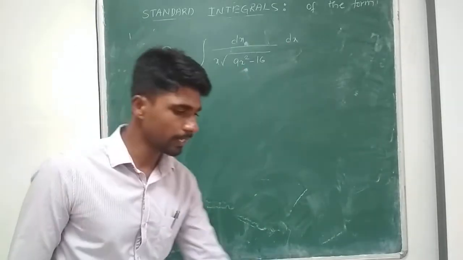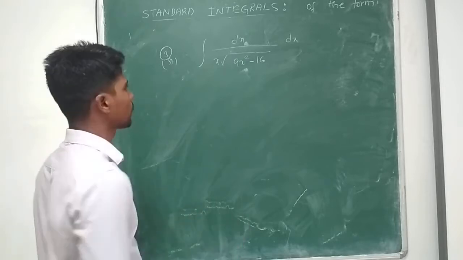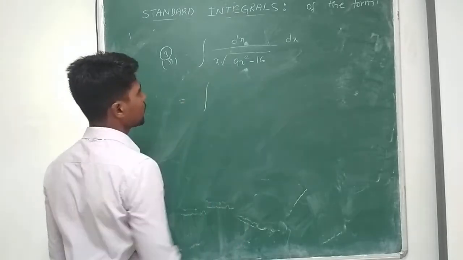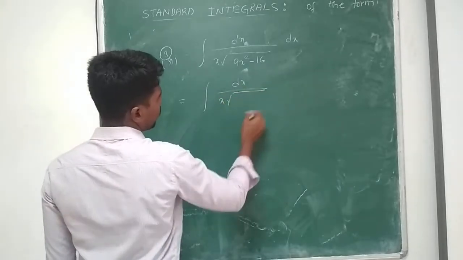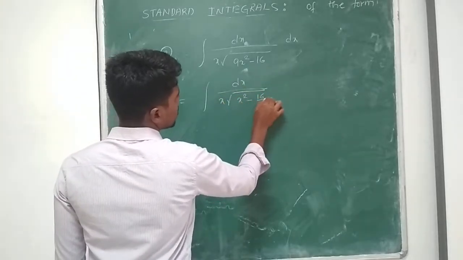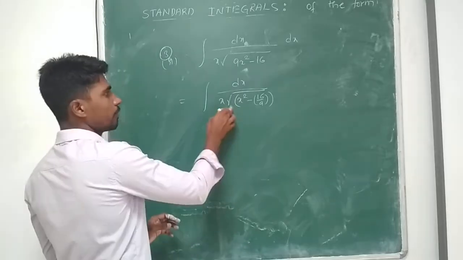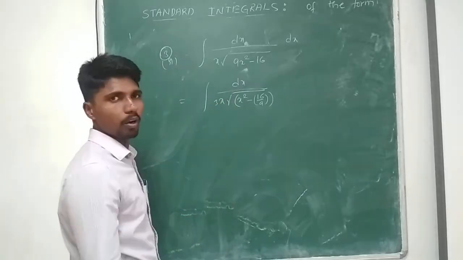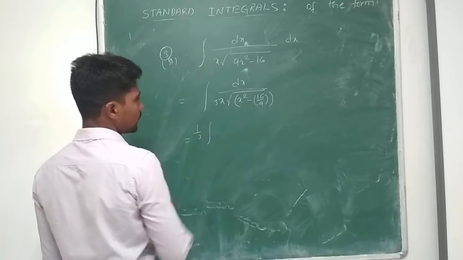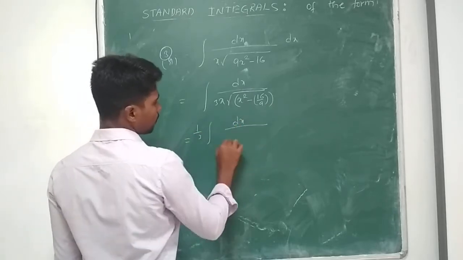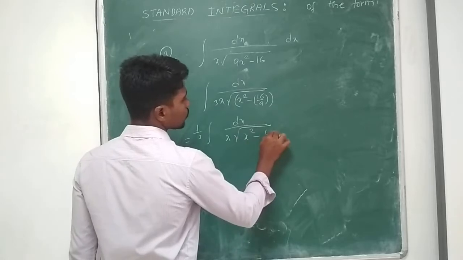So we should make the particular problem in the form x square minus a square, right? For that I am writing it as 1 by 3 dx by x into root of x square minus 16 by 9. So take 9 common, root 9 value will be 3, so I take it out. Now this can be written as 1 by 3 integral dx by x into root of x square minus (4 by 3) whole square.